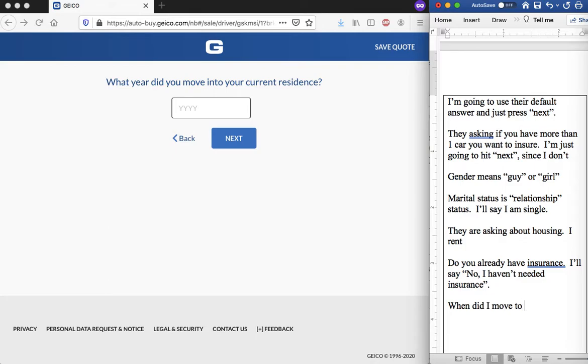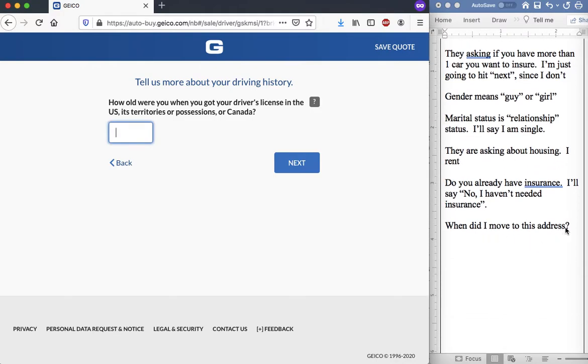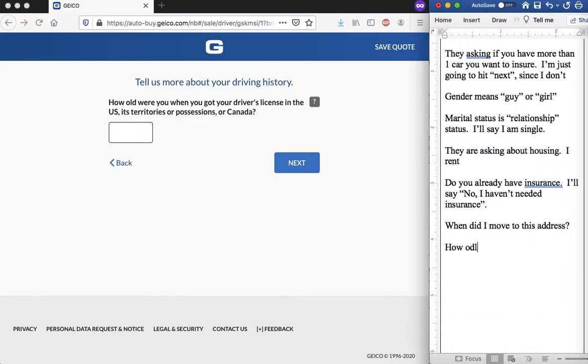When did I move to this address? How old was I when I got my driver's license? I'm going to say 18 years old.